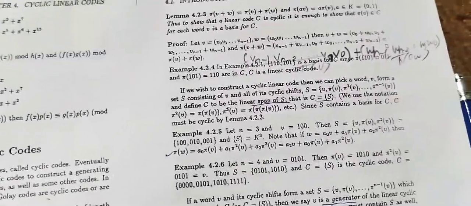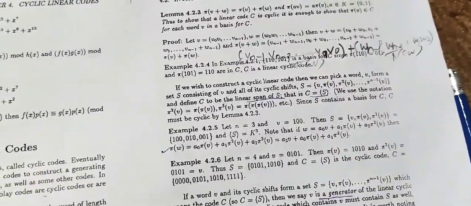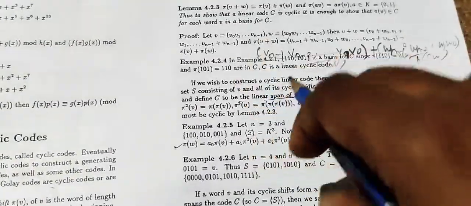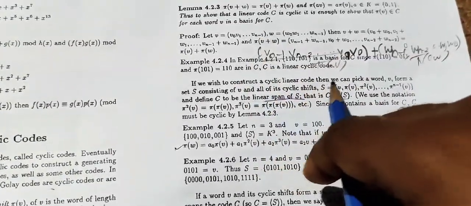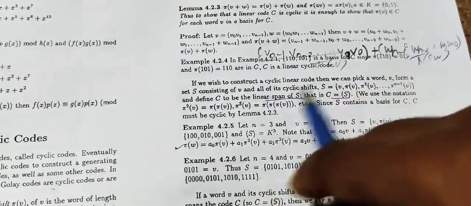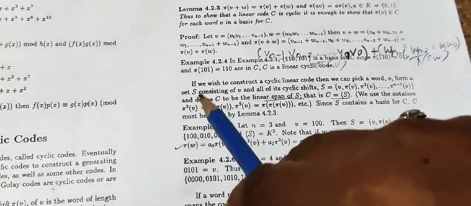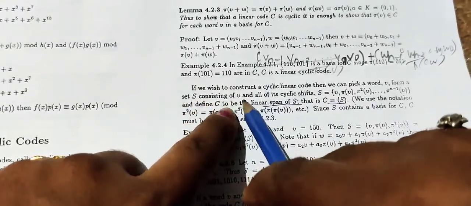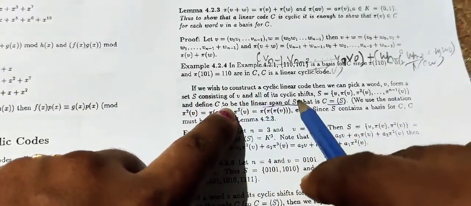So this is the linear cyclic code. Okay, so next, construct a cyclic linear code. We can pick a word V and form the set S. So S is the set consisting of V and all of its cyclic shifts.